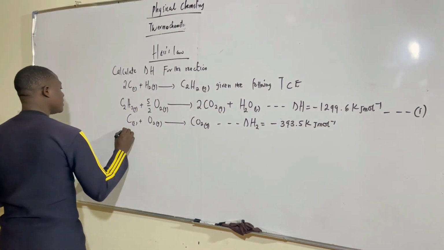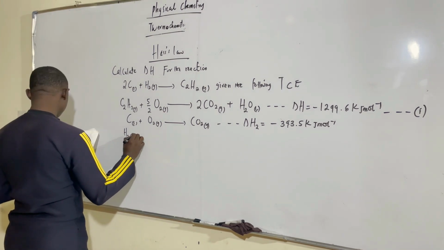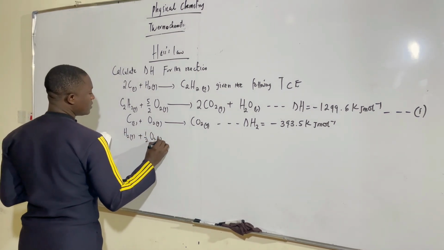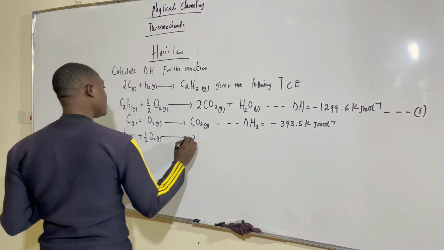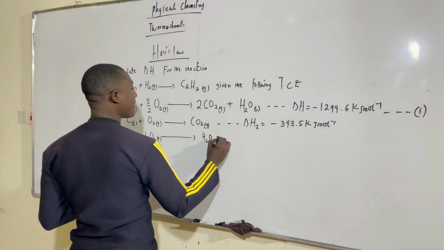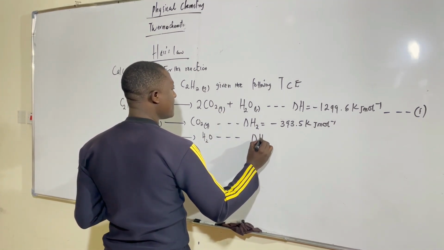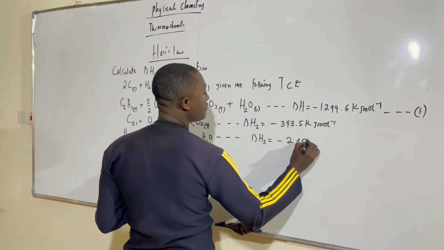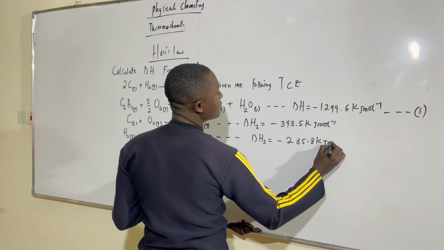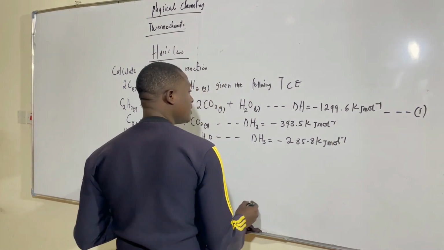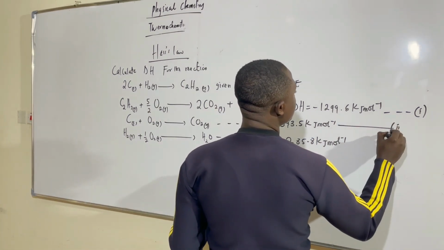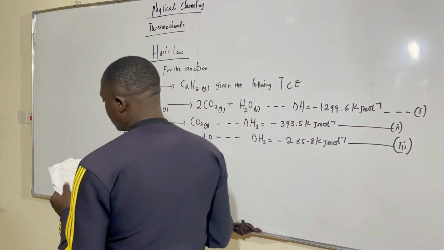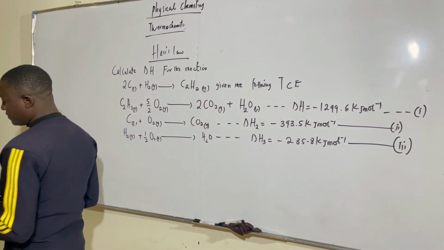Then the other one, hydrogen gas, is labeled as minus 285.8 kilojoule per mole. This is equation 2, this is equation 3. And then they said you find the changing energy level of this.